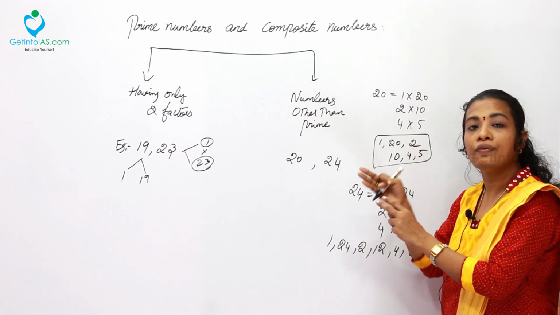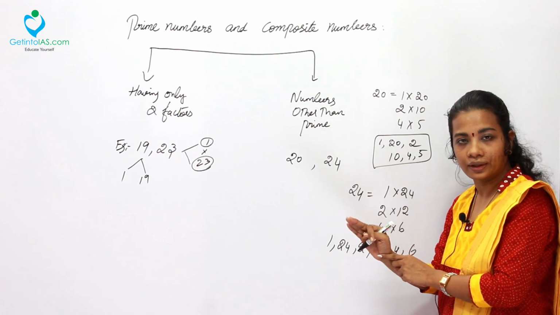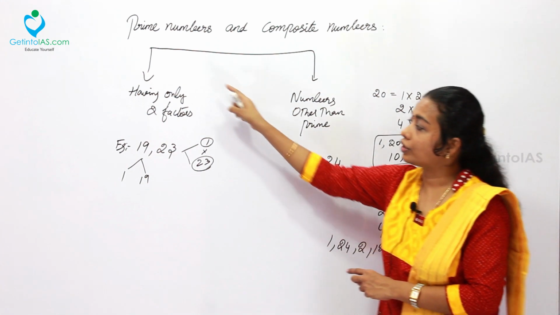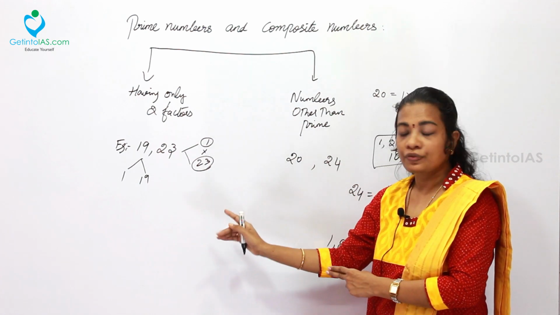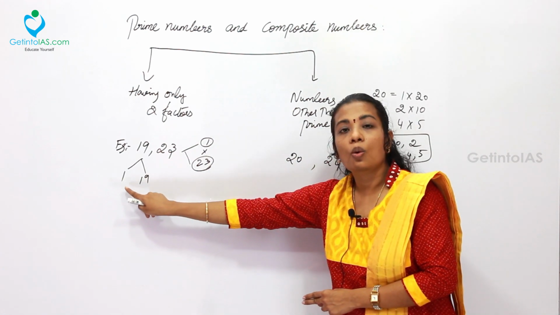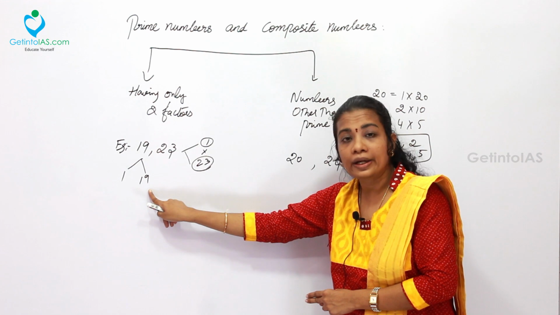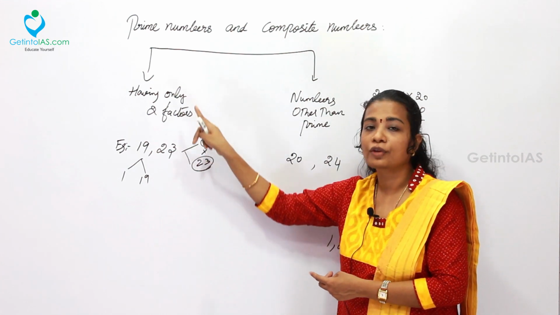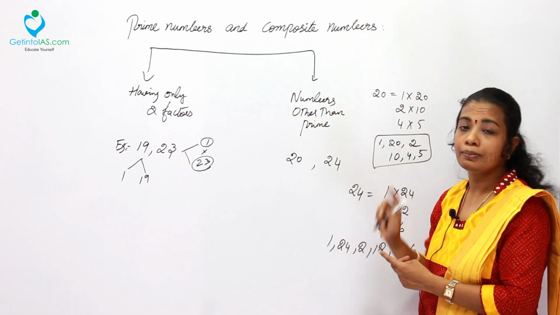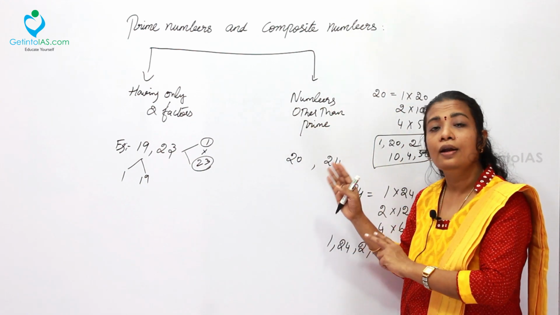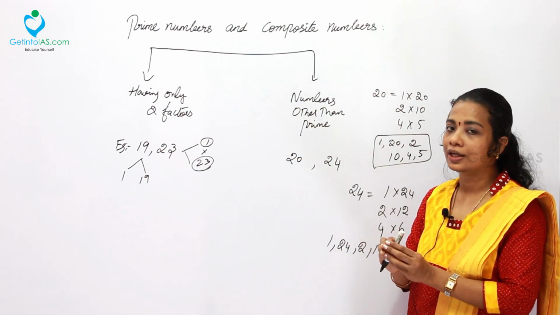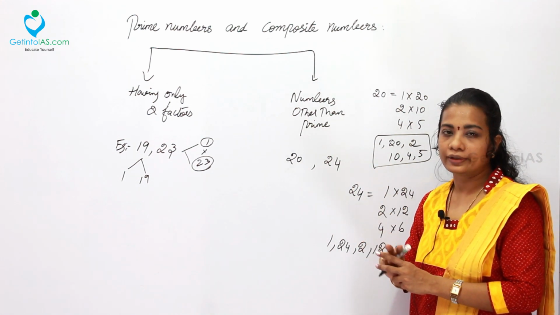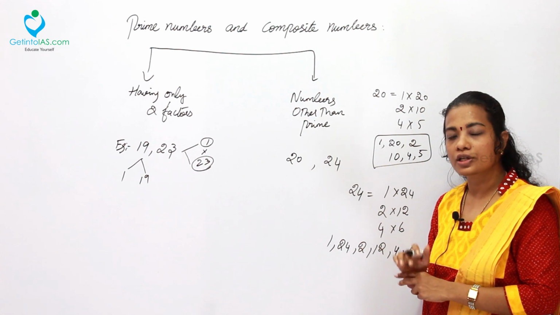However, even if you have just 3 factors, more than 2, that number is said to be a composite number. So from this concept, what we have learned: the number which has 1 and the number itself as the 2 factors is said to be a prime number. And composite numbers are numbers other than prime, or in simple words, numbers which have more than 2 factors.